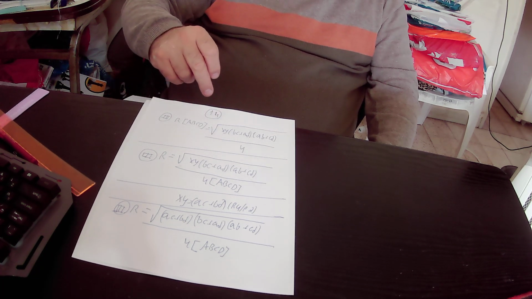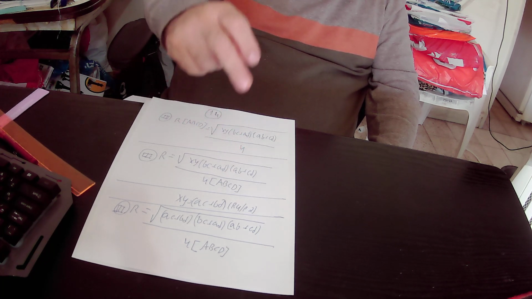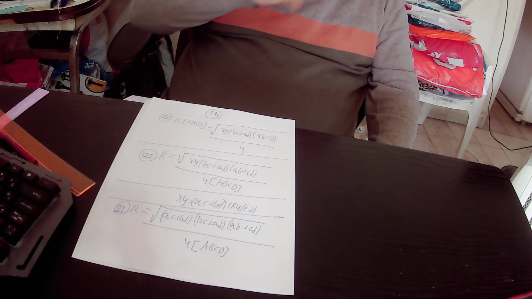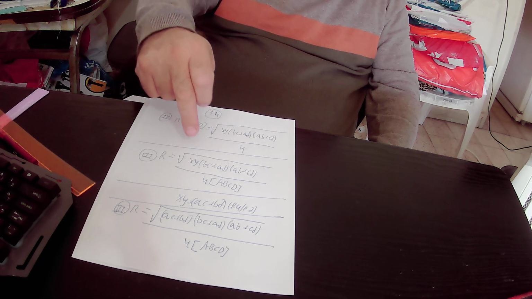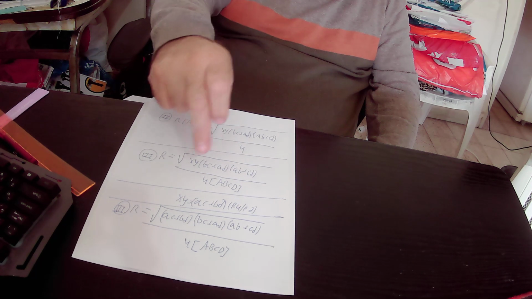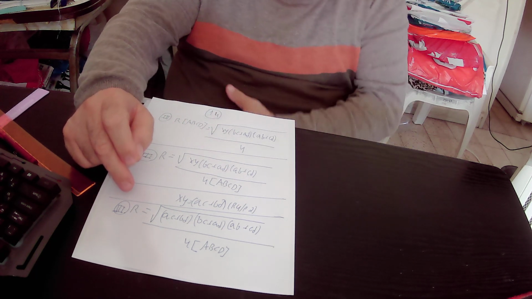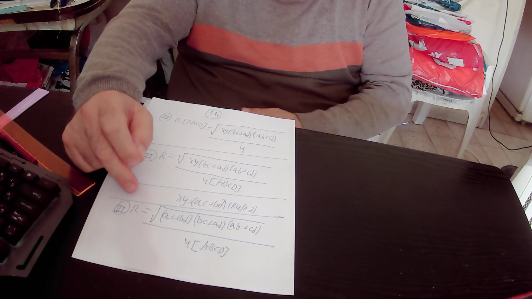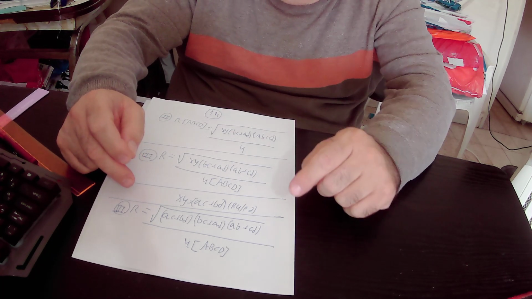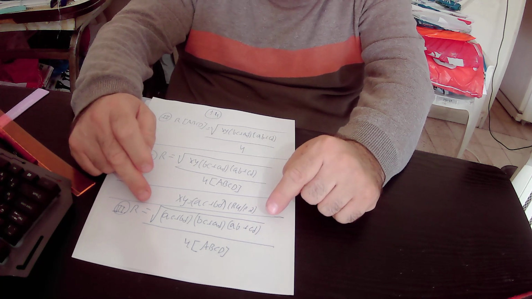Then we know that xy equals AC plus BD according to rule number 2. So we substituted xy in equation number 3 by AC plus BD, and we got this expression. So we have here all the data that is required.